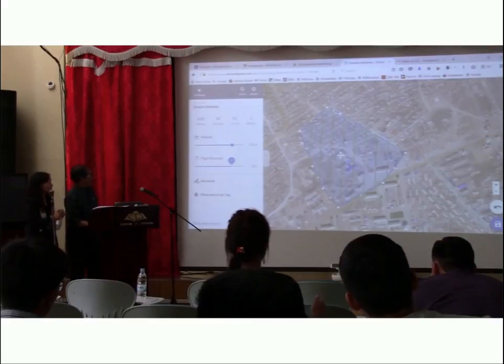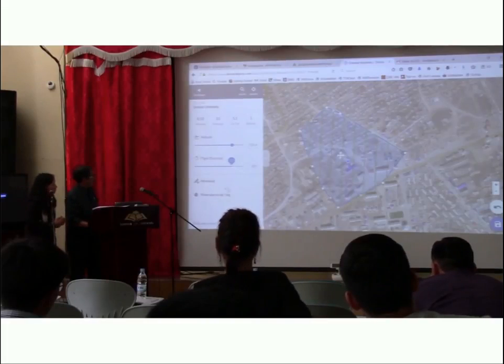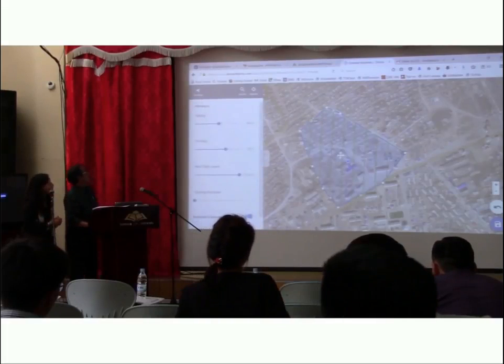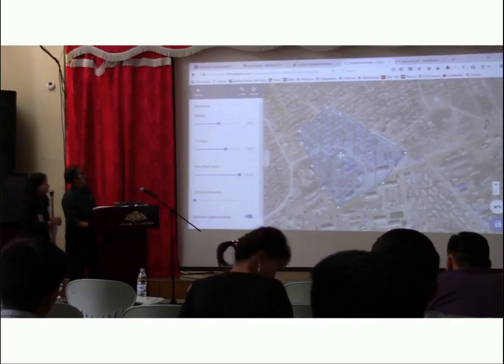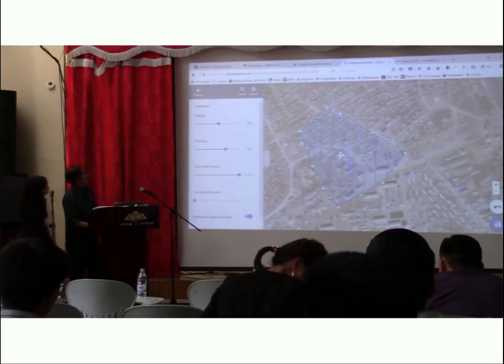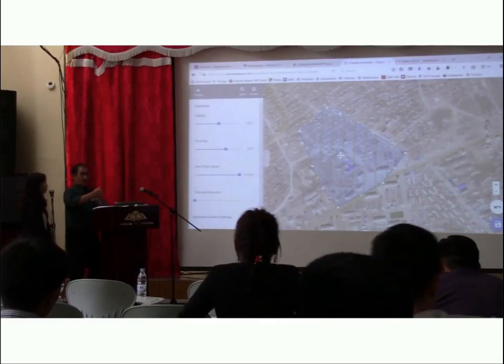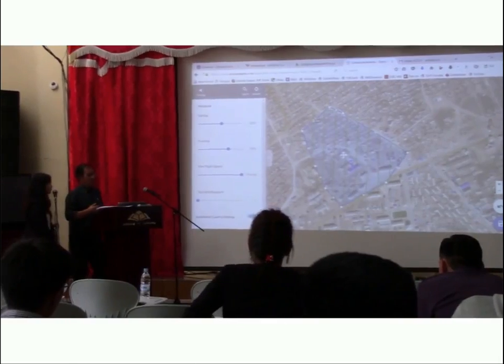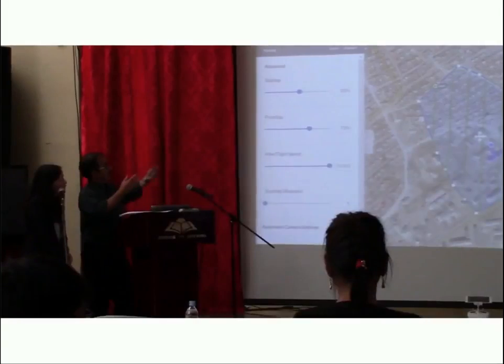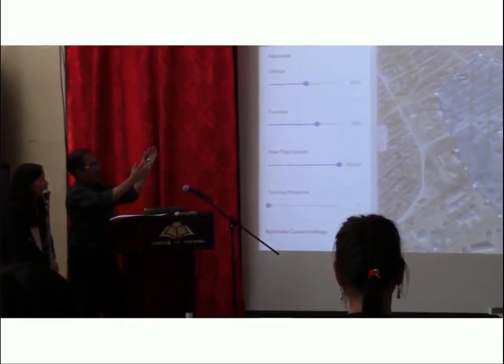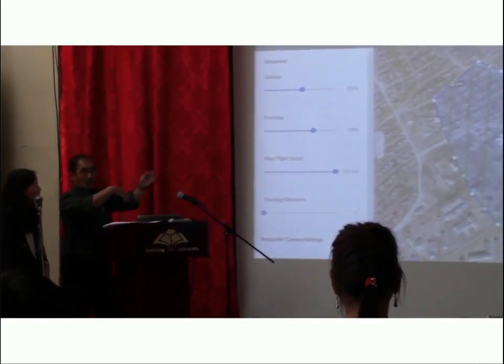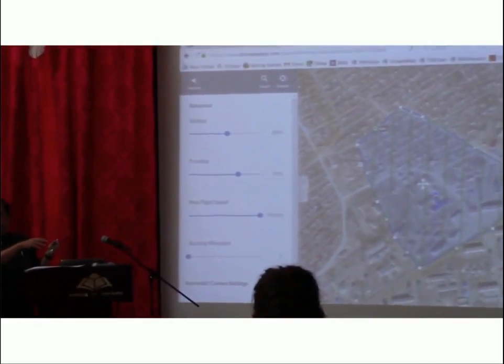Now the other thing is that under the advanced settings, there's side lap and front lap, 65. This is the overlap of the pictures to make your orthorectified mosaic. If you change these parameters, then the lines change and the number of pictures change.